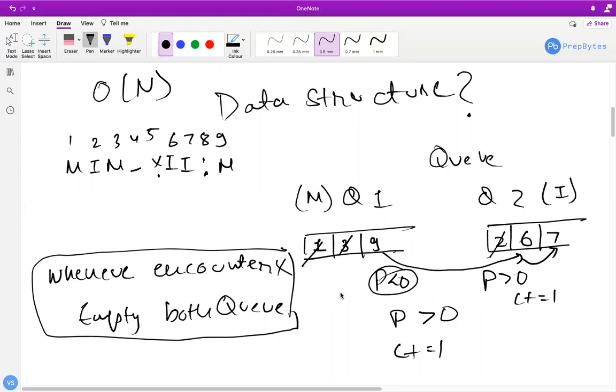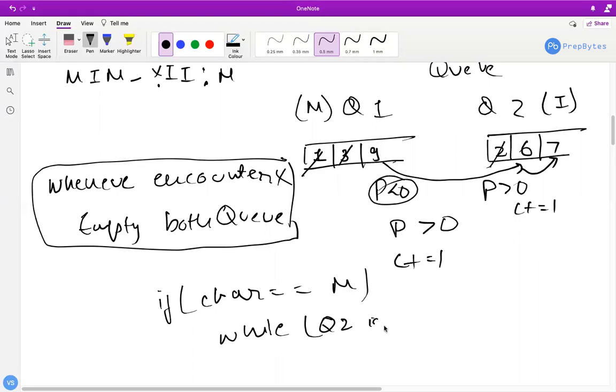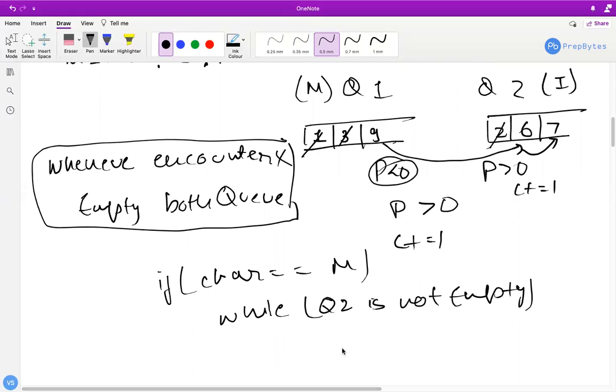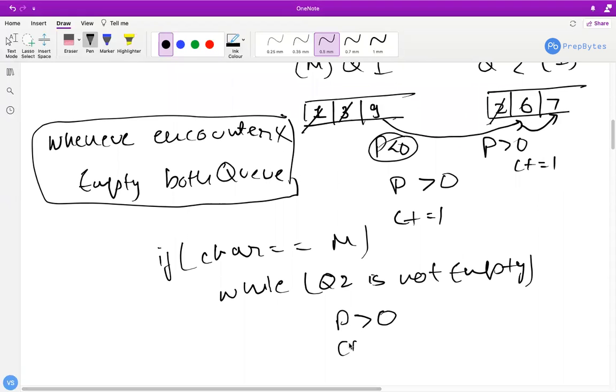So we can say that whenever we encounter M, if our character is equal to M, then while Q2 is not empty, we will check for each index present in Q2. If at any time p is greater than 0, then we will increase the count, applying the p formula here.